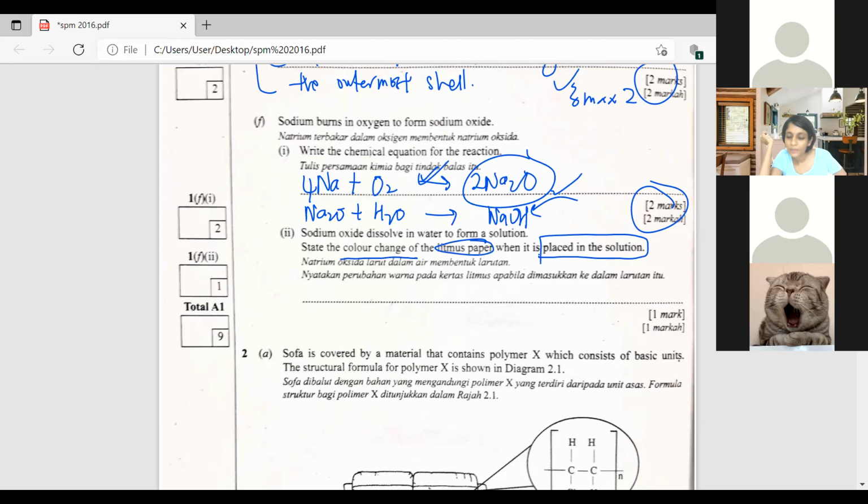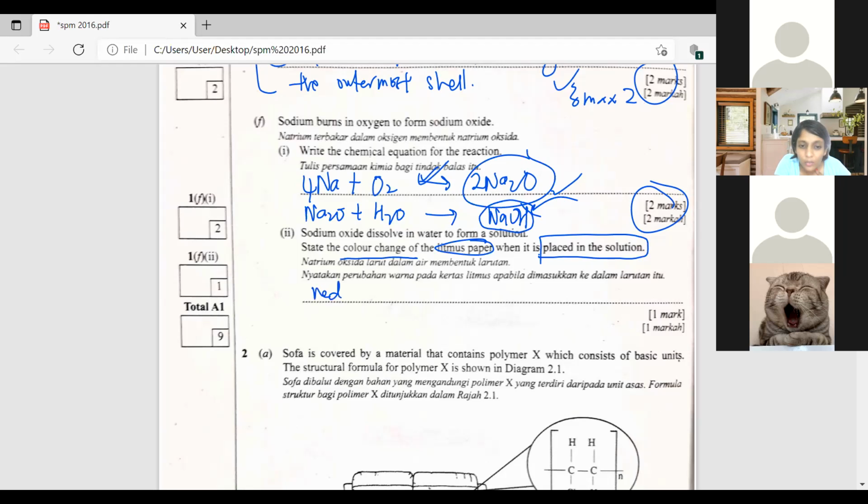This is alkaline. Sodium hydroxide is alkaline. So what will it change to? Red to blue? Excellent.